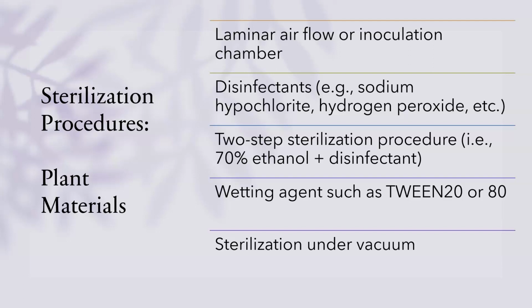Adding a wetting agent such as Tween 20 or Tween 80 into the disinfectants can reduce surface tension and allow better surface contact between the plant tissues and the disinfectants. Conducting the sterilization process under vacuum can result in the removal of air bubbles and provides a more efficient sterilization process.